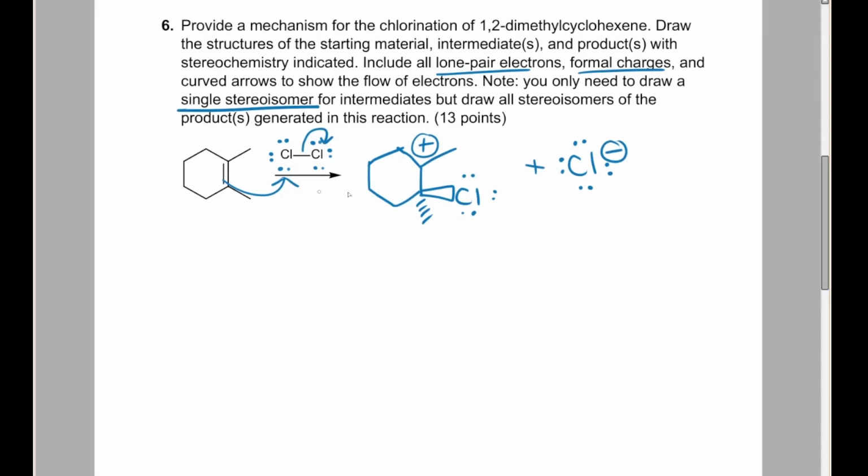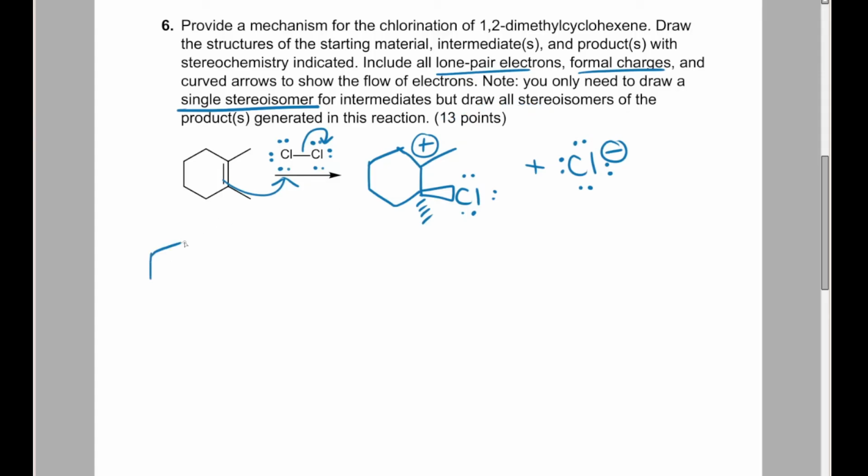The next step is we're just going to disregard this negative chlorine ion for now, because keep in mind that you don't want to make the mistake of just taking it and adding it here, because that's wrong.